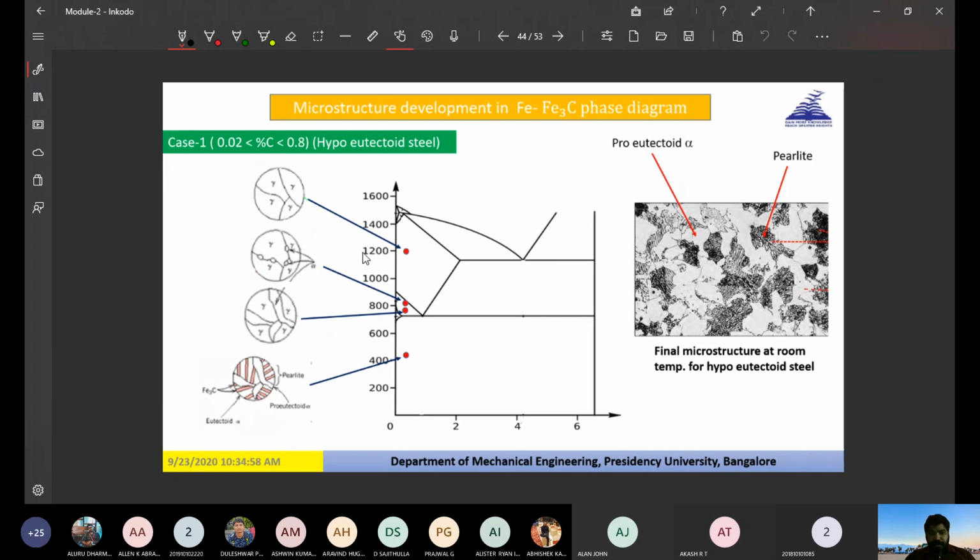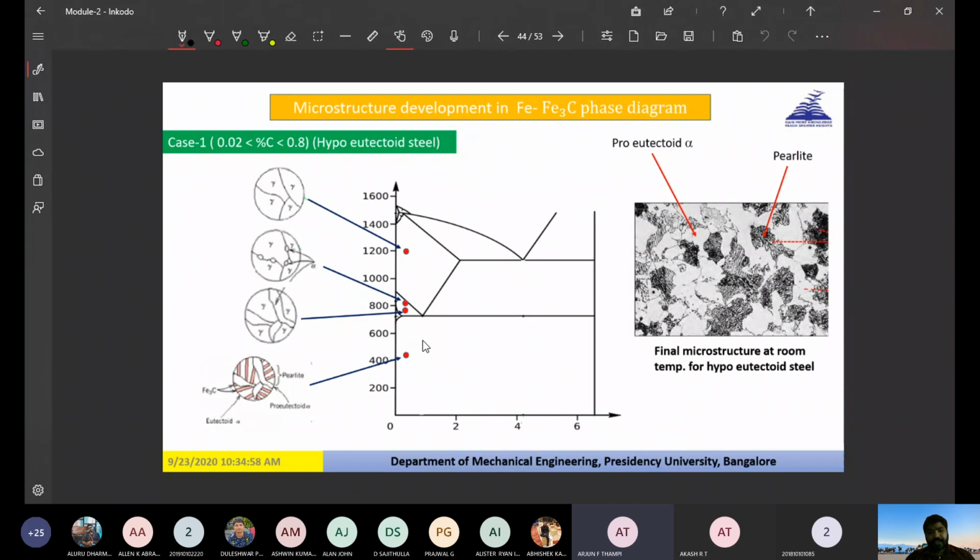So as of now we have discussed the microstructural development for hypoeutectoid steel. Now we are going to look at eutectoid steel. Can anyone tell what eutectoid steel is? So steel having composition 0.8% carbon.